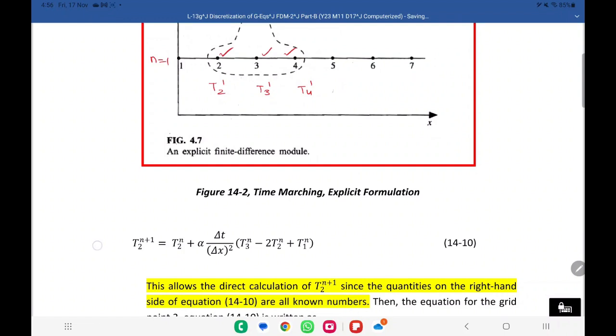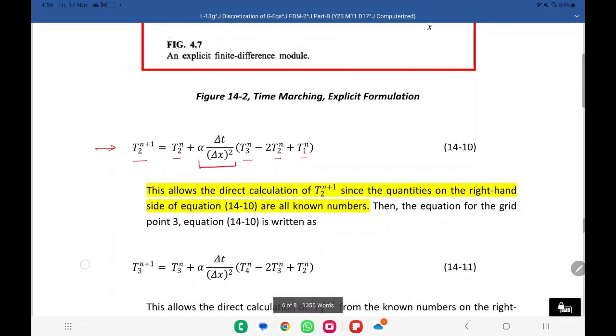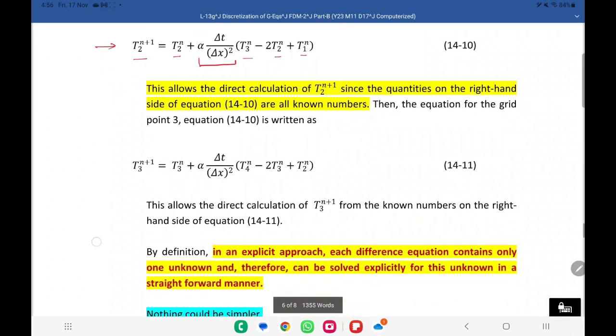These terms you will get from the equation itself. You can look at this: the value at time step n plus 1 at point 2 is in terms of points 1, 2, 3 at time step n. Explicit. So this is one formulation.